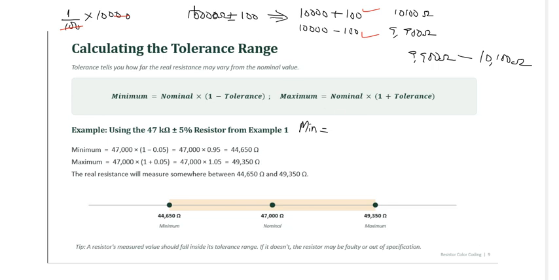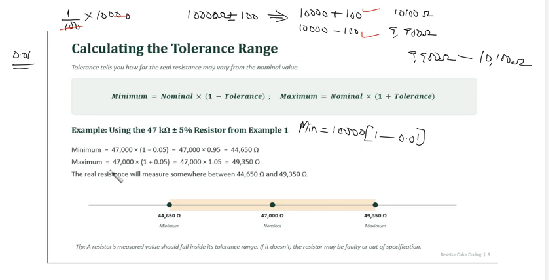What's the nominal value that we calculated? 10,000, right? 10,000 into 1 minus the tolerance. The tolerance is 1%, and 1% is 0.01. So that gives us 1 minus 0.01.